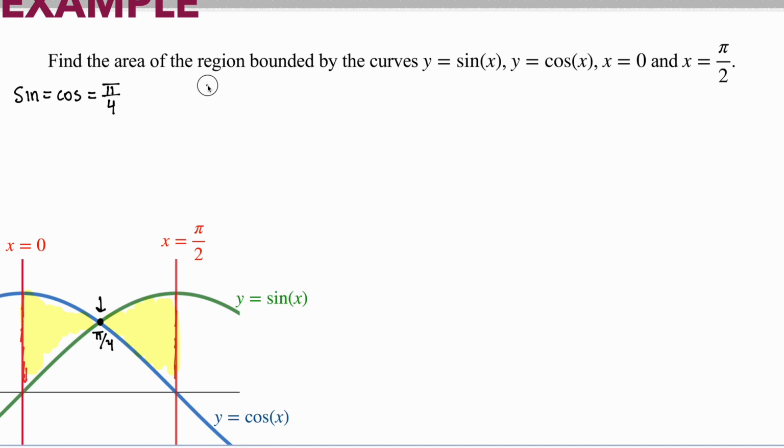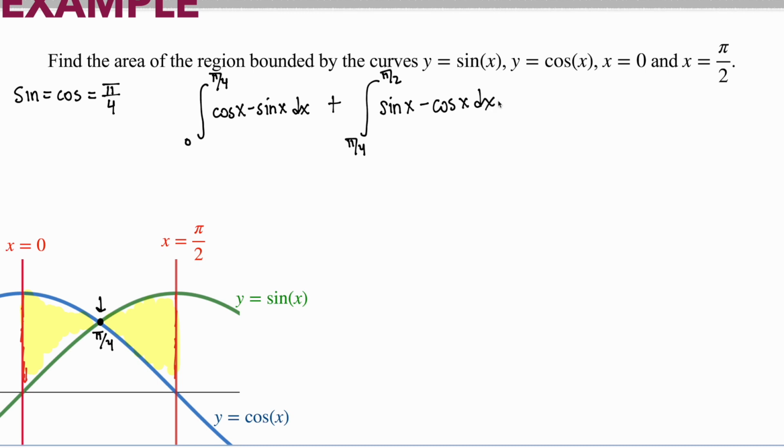So therefore, what you're going to do is you're going to go from 0 to pi over 4, and at this point, it is going to be the blue minus the green. And then you're going to find the area of the second part, which is pi over 4 to pi over 2. But in the second area, the green function is now on top, and the blue function is now on bottom.